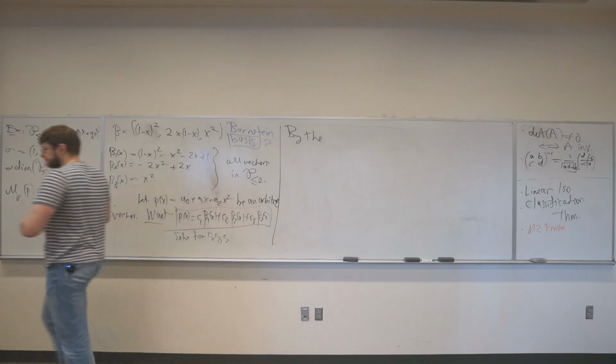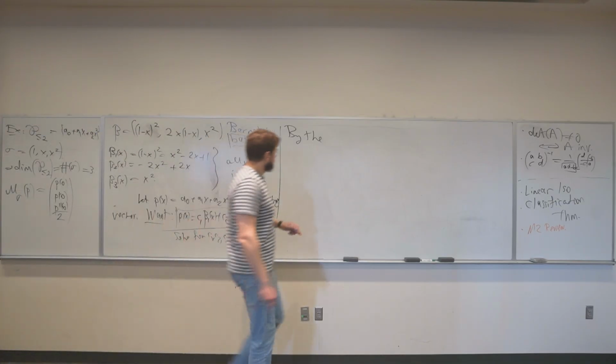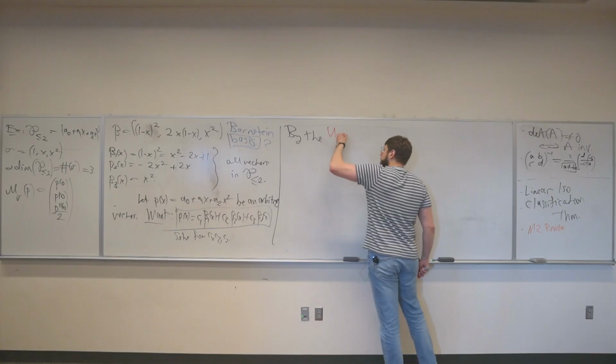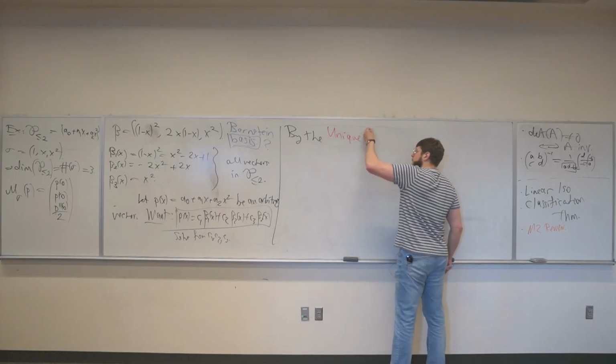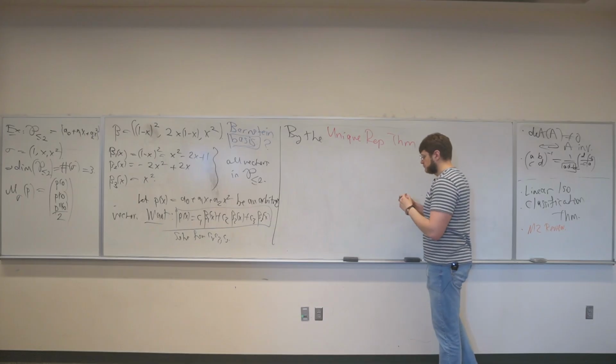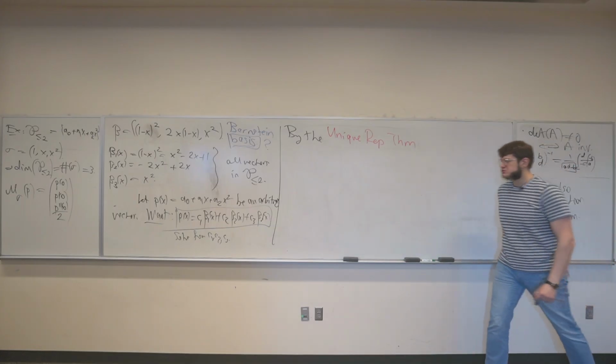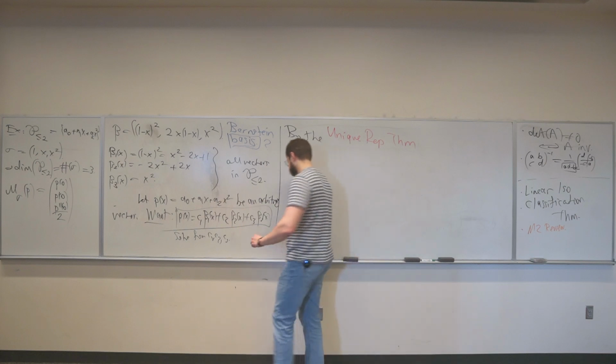Unique representation theorem. Beta is a basis if and only if that has a unique solution. I'll put a star there.